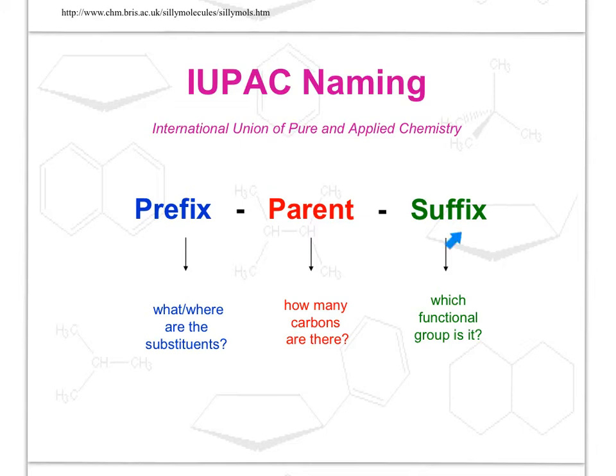The suffix tells you what type of functional group it is. Is it an alkane? Is it an alkene? Is it an alcohol? And then the prefix tells you if there are other branches attached to the main chain of carbons, or if there are other interesting elements like a chlorine or a fluorine or an oxygen or something like that.